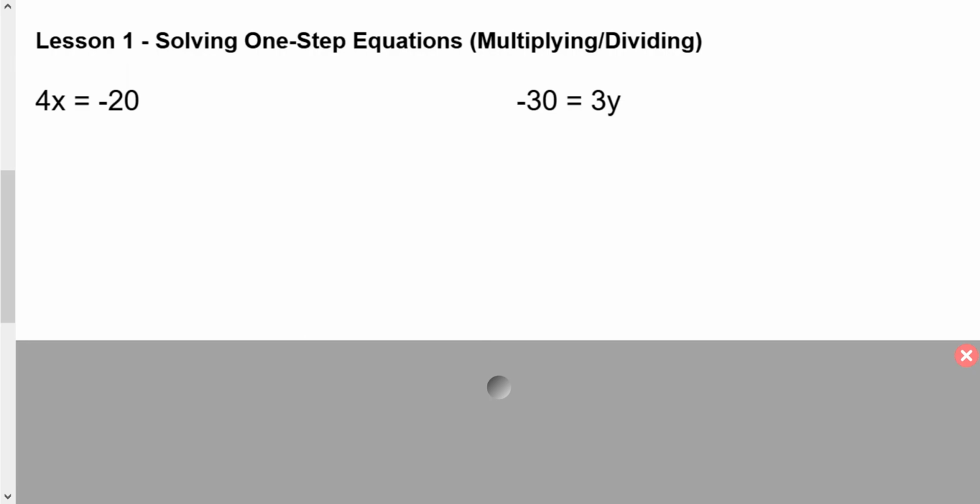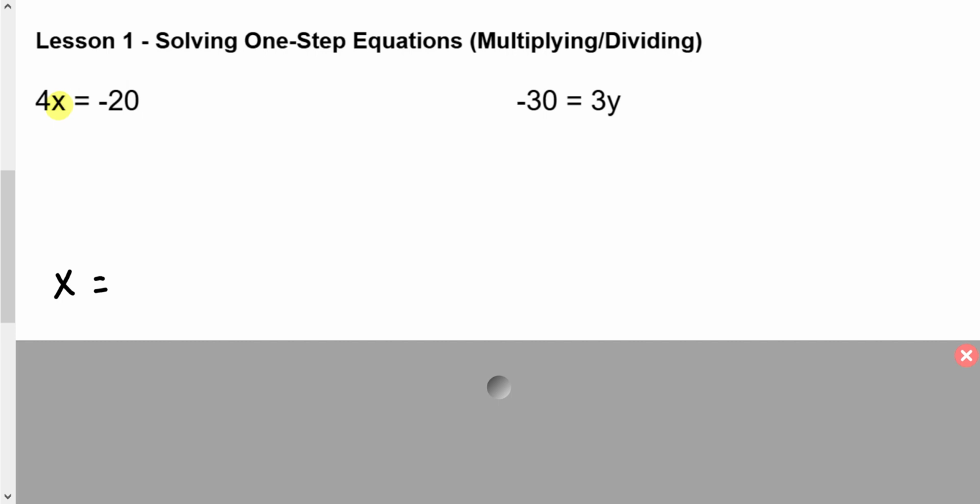Now, I want to train you with where to place your eyes when you see these equations. What happens is that we want to get this x down here all by itself. See, x would be to the left of the equal sign all by itself. That's what we want to do here, but the problem is this 4, the 4 is in the way. So your eyes lock in on the variable and you go, I don't like the 4 there.